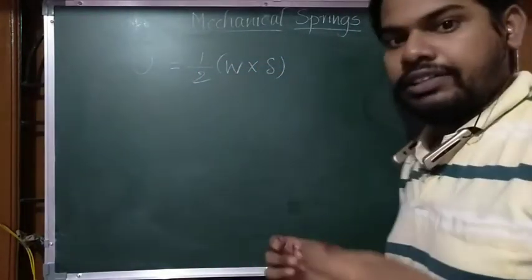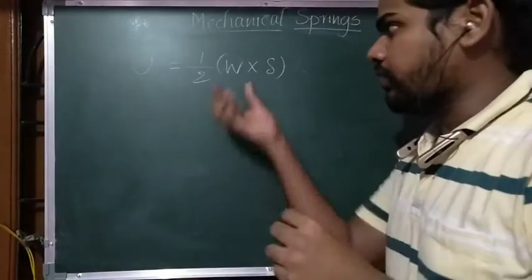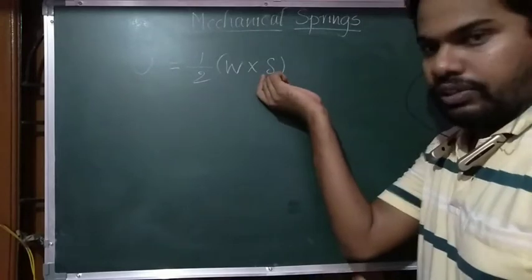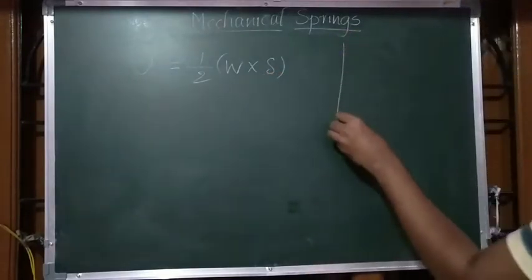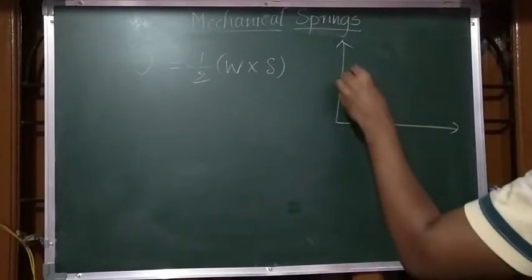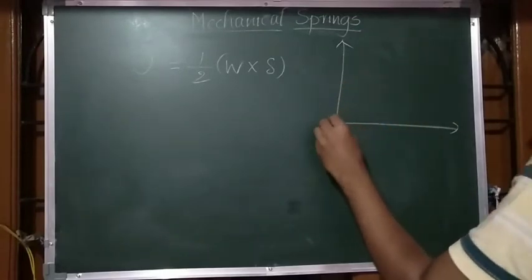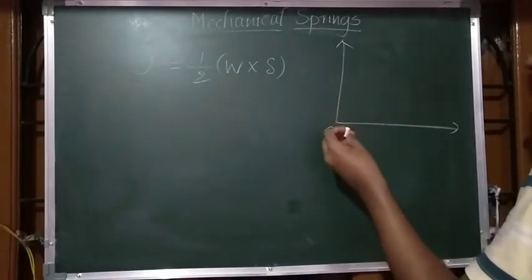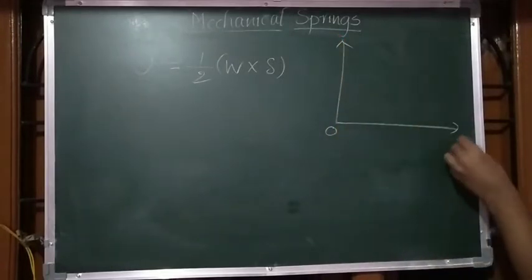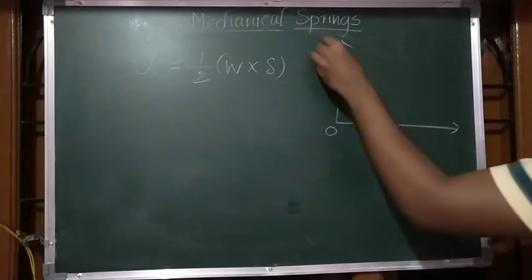In my last session I already discussed how to derive this expression, U is equal to half load into deflection. It's very simple. I just want to remind you again. Suppose an external load P. Let us consider the plot for load and deflection.